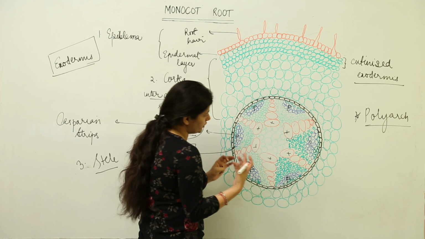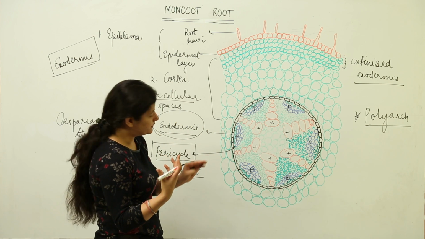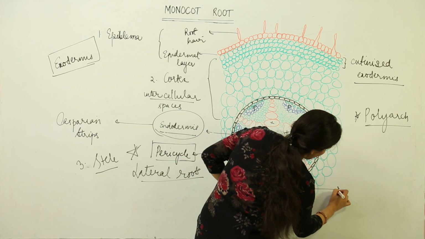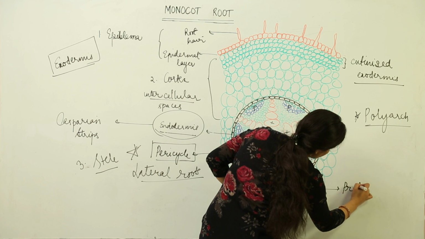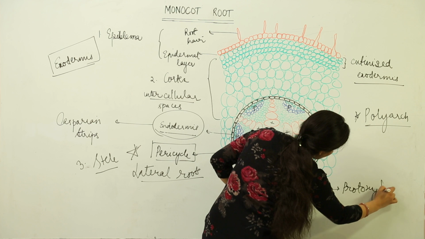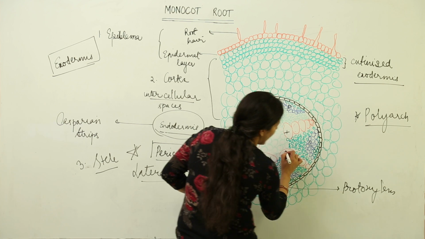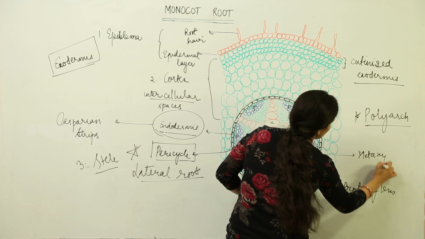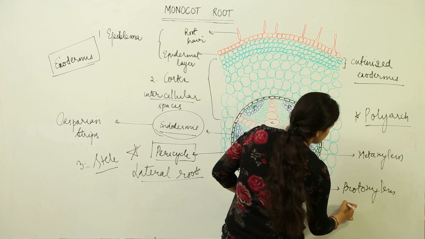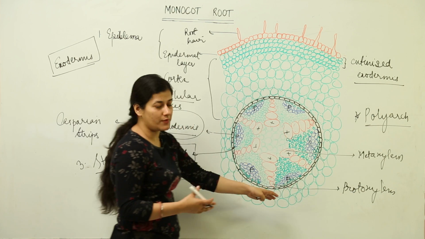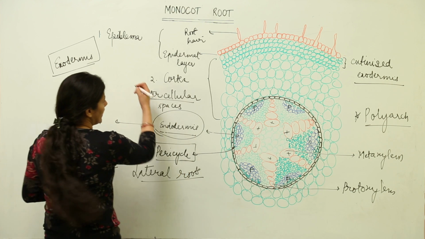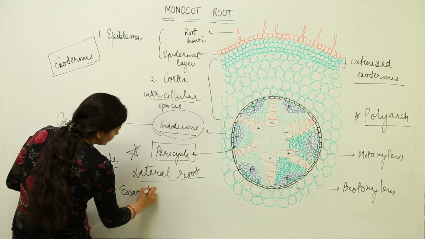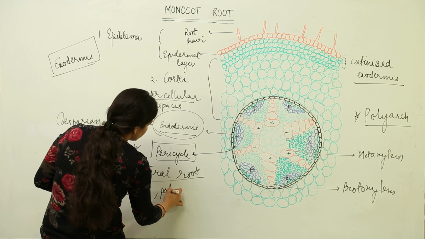Apart from that, we got introduced to the terms exarch and endarch. Over here you can see that the protoxylem is towards the endodermis, that means it is towards the periphery, and metaxylem is inside. So the condition happens to be exarch, because the reference is made with respect to the protoxylem. So the vascular bundles are exarch and polyarch.